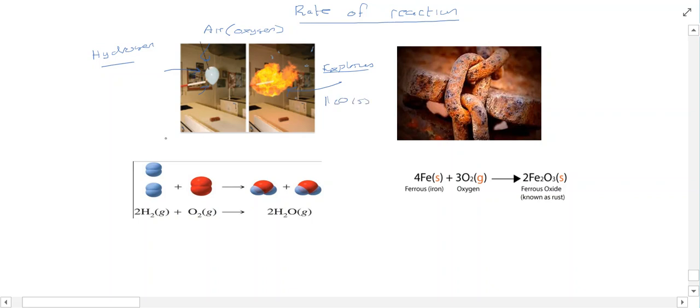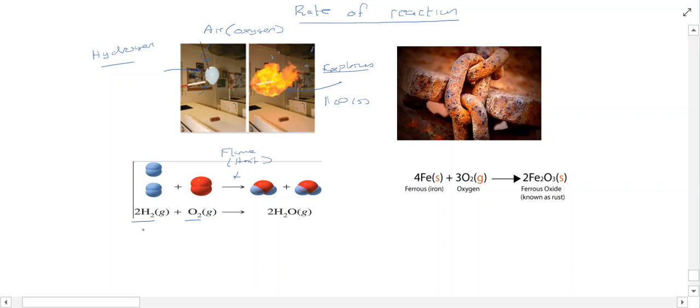So we can actually model what we see here in a chemical equation like this. You have hydrogen coming into contact with oxygen. You have a catalyst. A catalyst is something that can speed up or slow down a chemical reaction. The catalyst in this case is the flame, which is heat. That's what kicks off the reaction.